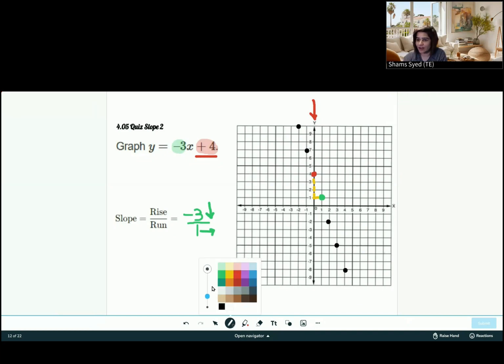The key points are my red dot, the starting point, followed by my green dot. They are my smart technique to generate the other dots. These 2 smart points give me a pattern, and here is my graph with arrows on both ends, and I will describe the graph as y equals negative 3x plus 4.